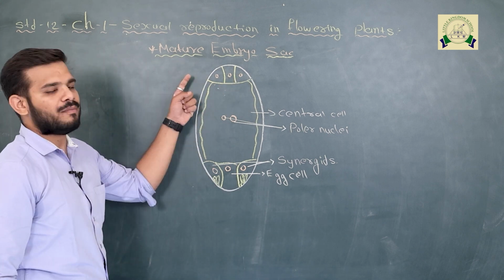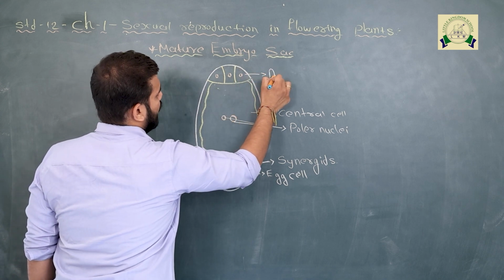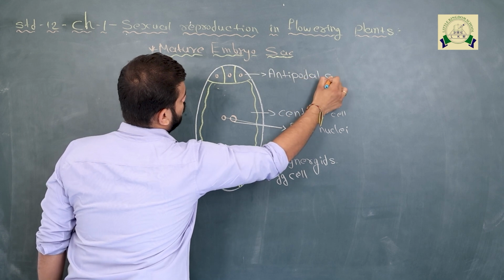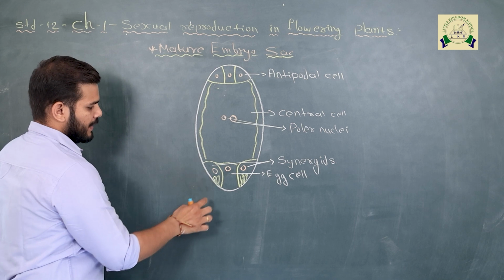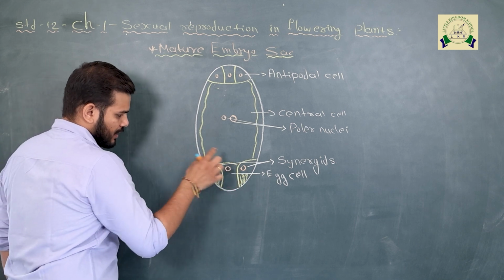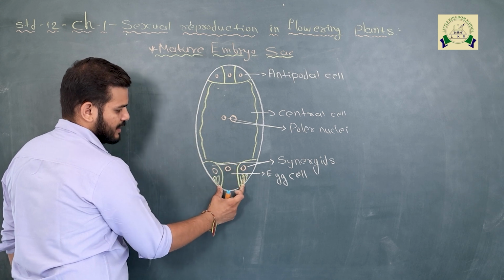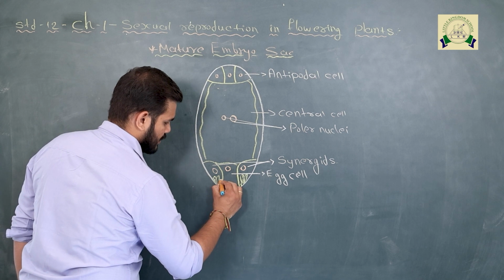And the 3 cells present at the top, all 3 cells are called antipodal cells. Antipodal cell. If you observe this structure, the finger-like projection present inside the synergids at the base of synergids is called filiform apparatus.